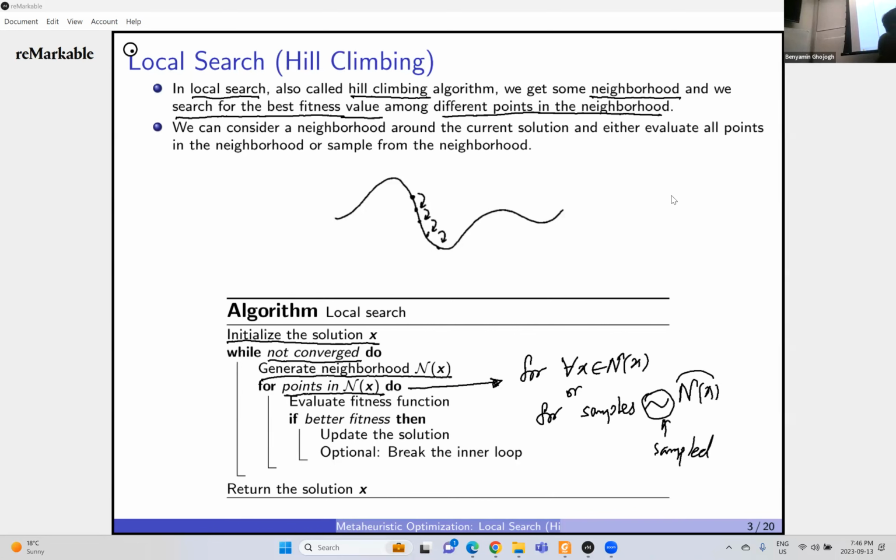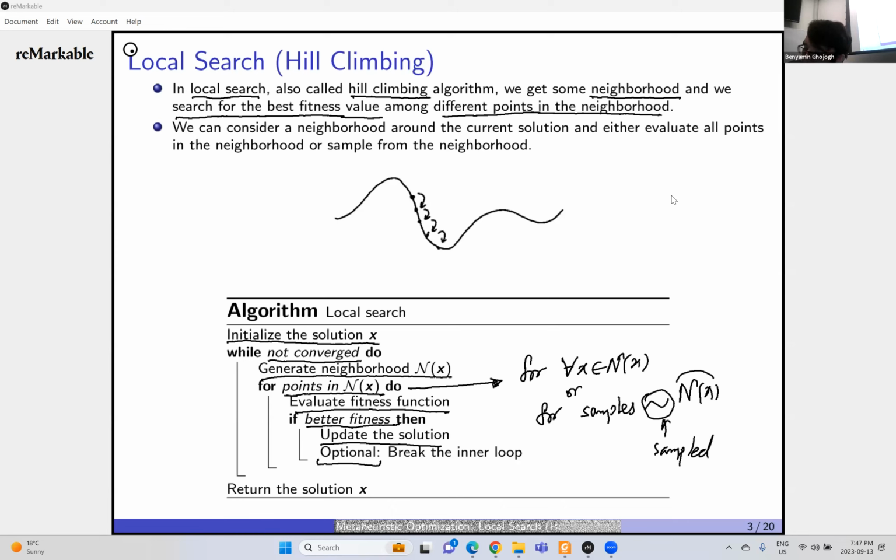Either for all of the points in this neighborhood or for some samples in the neighborhood, I evaluate the fitness function or the objective function. If better fitness, what do I mean by better fitness? Better objective value: if I am minimizing, it means that I find a lower function value. If I'm maximizing, I find a larger function value. If better solution, then I update my solution.